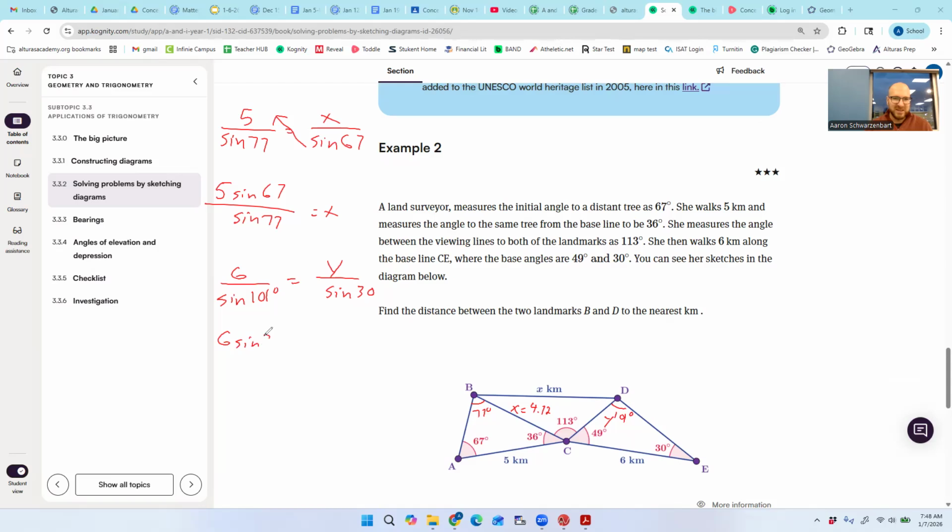So 6 sine 30 over sine 101 should equal Y. Y equals 3.05. I should round that correctly, 3.06.